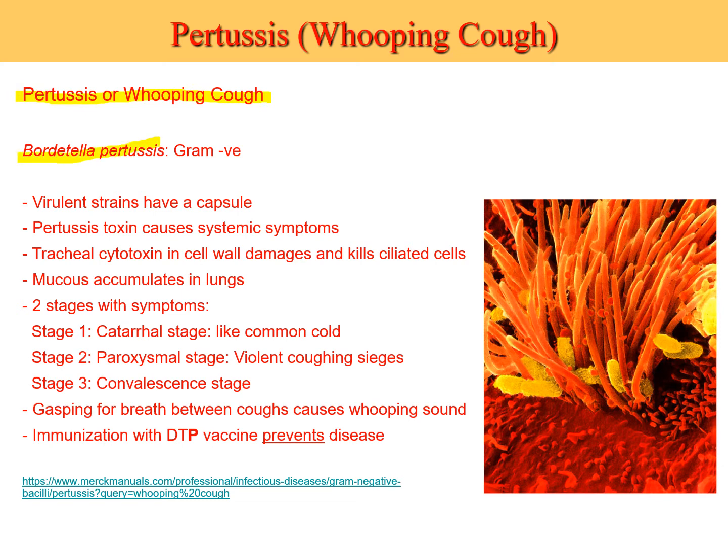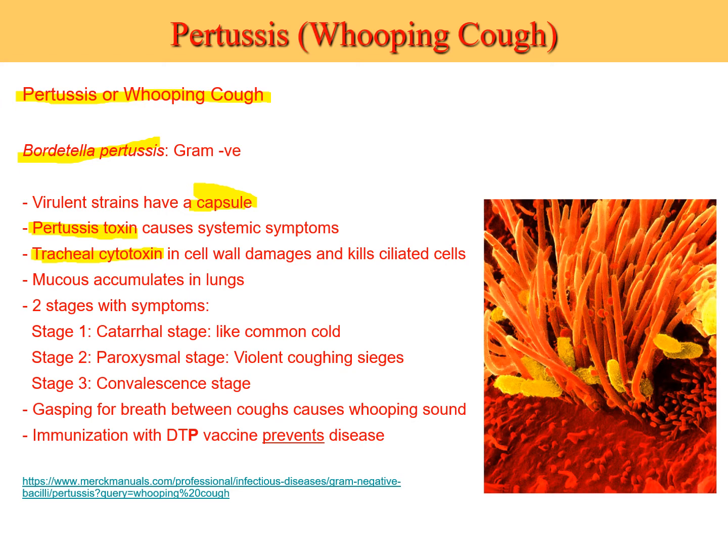This is an organism that has the most virulent strains. There are different substrains. So the most virulent strains have a capsule. They're encapsulated. They will produce a toxin, pertussis toxin, which causes the systemic symptoms. They also have a tracheal cytotoxin in their cell wall that can damage or kill the ciliated cells in the ciliated pseudostratified columnar epithelium.